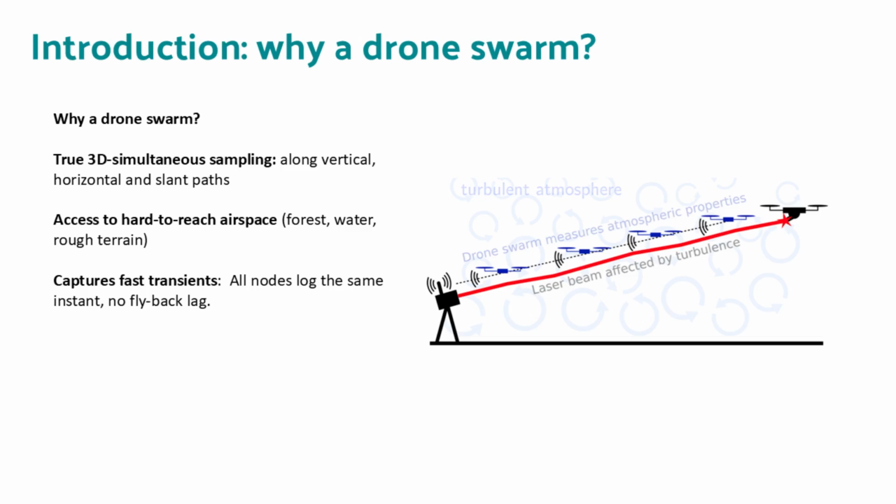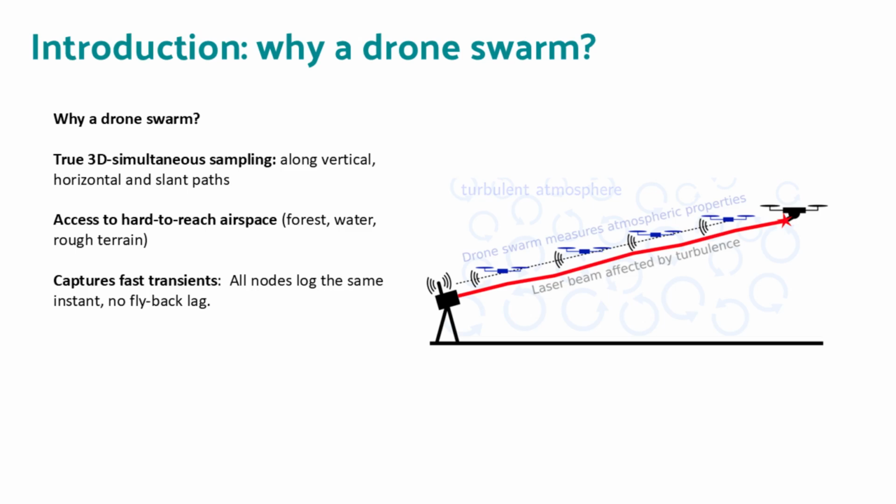So why use a drone swarm to measure the atmosphere? In real-world high-energy laser tests, the setup often involves a ground-based laser system, sometimes mounted on a trailer with a large power supply and a target such as a heavy calorimeter, which is also placed on the ground.